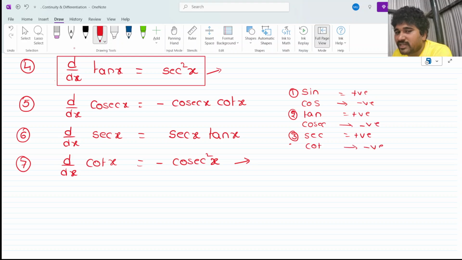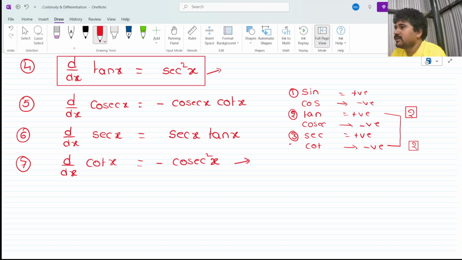Which three are negative? Observe: the ones starting with C are negative. Cos negative, cosecant negative, cot negative. Understand? Now observe one more thing. Tan and cot are special, they will be having the squares. Is that clear? Understood everybody?